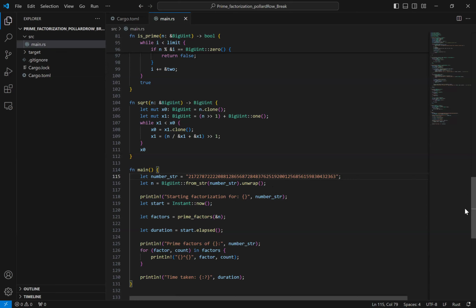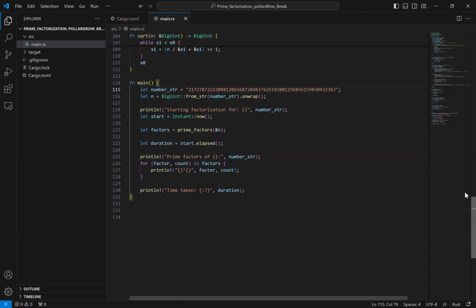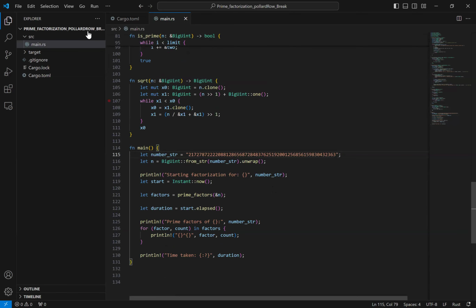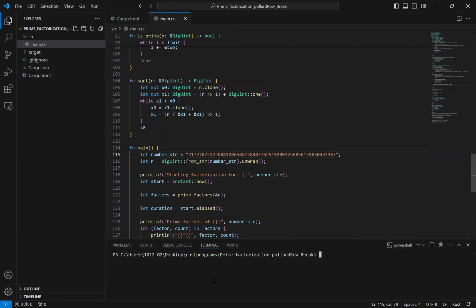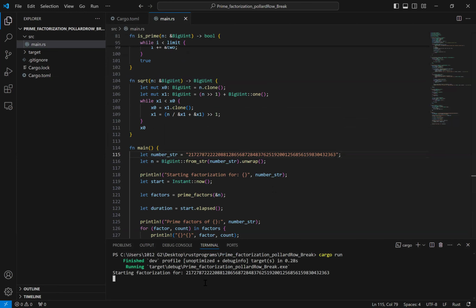Let's try and see if it will give us the factors. You can see it says starting factorization, but these are very long numbers. So let's give it some time and see whether it will factor this.